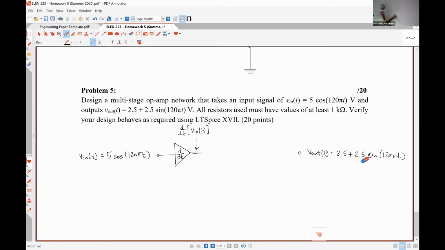So to do a design problem like this is really just figuring out, all right, what steps do I need to do the math in, and then what op amps do I need to chain together to do those individual mathematical steps. So we've seen that we need to do a derivative in order to get our cosine signal to a sine signal, and then we're going to need to do some sort of addition.